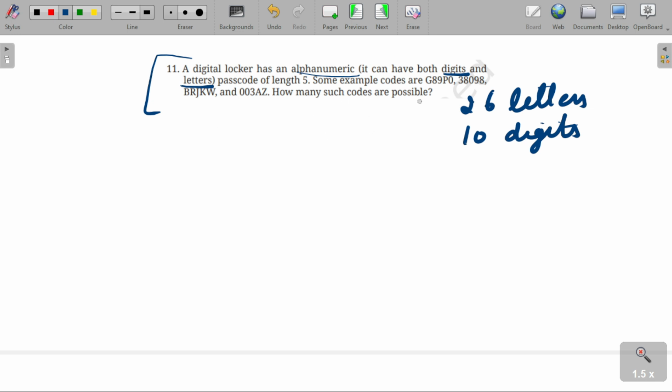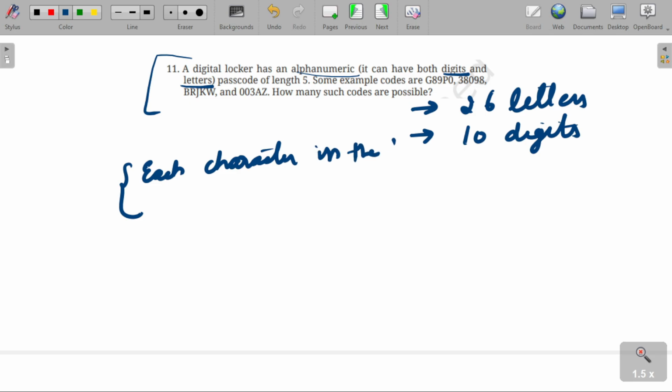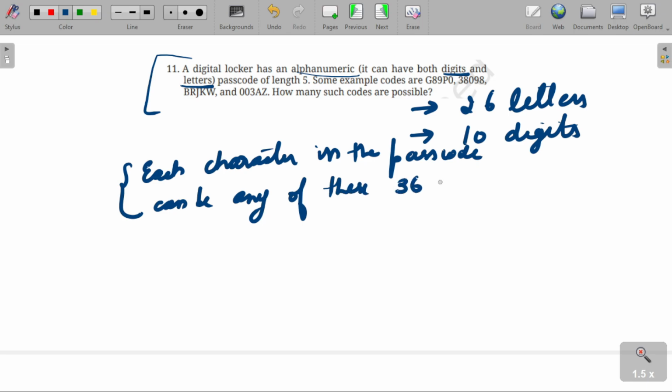So see, we have 26 choices of letters and 10 choices of digits. Each character in the passcode can be any of these 36 alphanumerics, right?